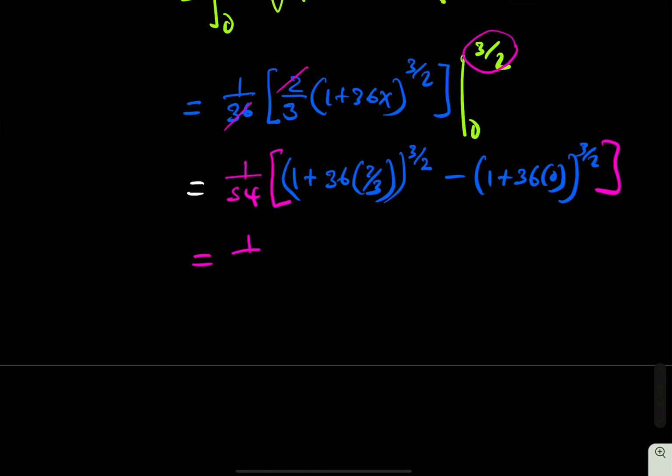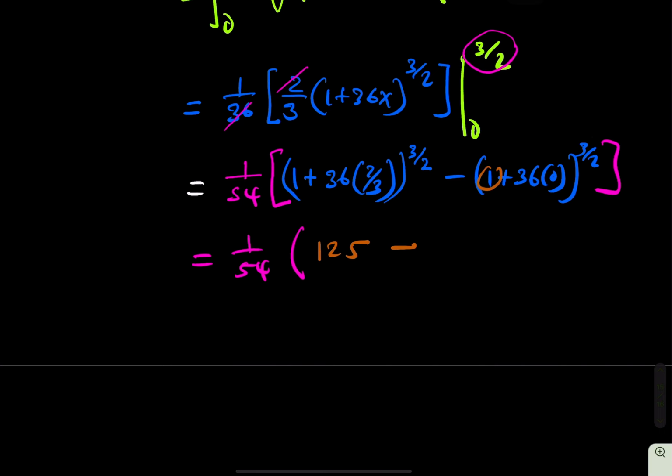So that is 1 over 54 into, if you do that nicely, that is going to be 1 plus 24, that should suffice to, let me confirm that, that should be 125 minus, this is really going to be 0.